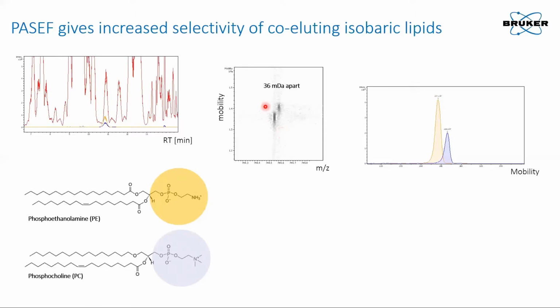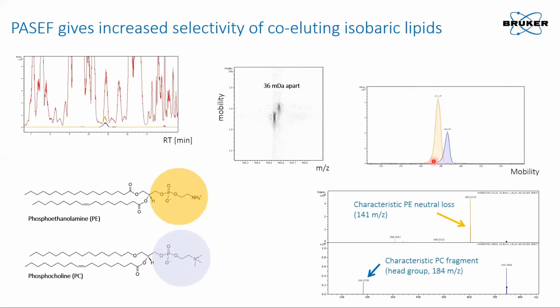However, these 2 lipid classes have different mobility values. You can see this plotted here with the mobility on the y-axis. And because these 2 lipid classes have 2 different mobility values, then we elute them at different times from the TIMS analyzer. And because of this, we fragment them separately.